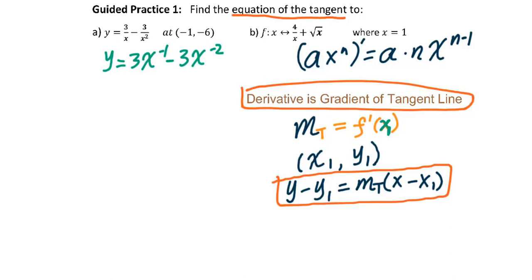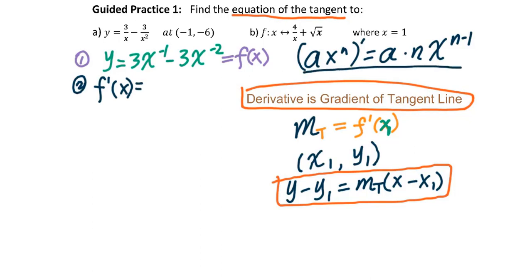For A, let's assume this is f of x, so it's easy for us to do the derivative. Second step, we will figure out the derivative. Remember, the coefficient stays, drop down the minus 1, x to the negative 1 minus 1 is negative 2, then minus 3 times negative 2, x to the negative third power.